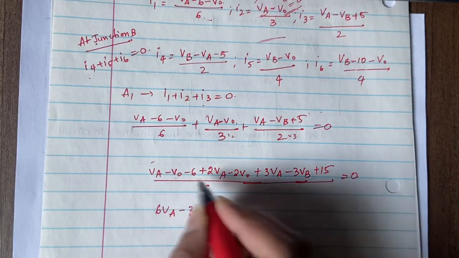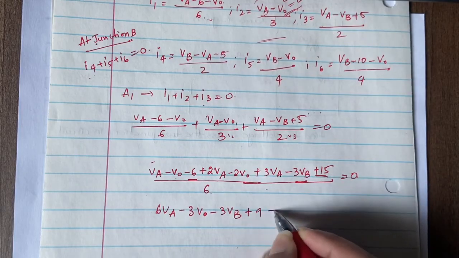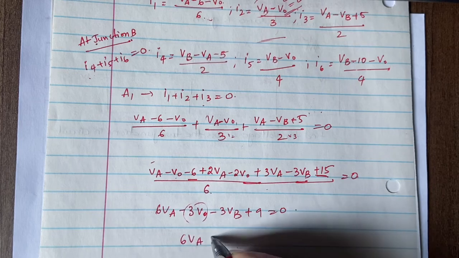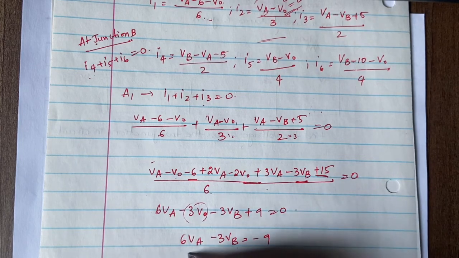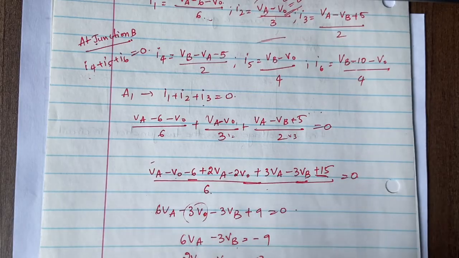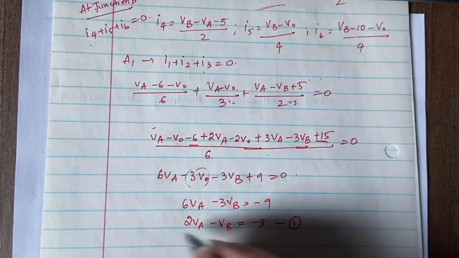And when you add the constants, you get plus 9 is equal to 0, right? So V0 anyways it is 0. So 6 VA minus 3 VB is equal to minus 9 you can write, which is nothing but 2 VA minus VB is equal to minus 3 when you take 3 common and divide it. Okay, so this is equation 1.